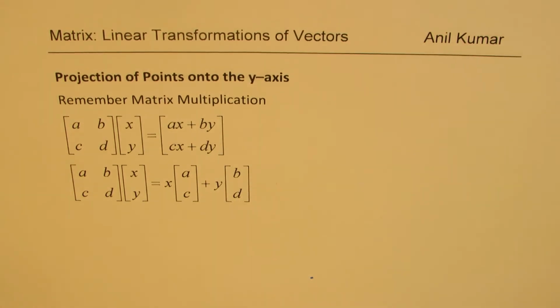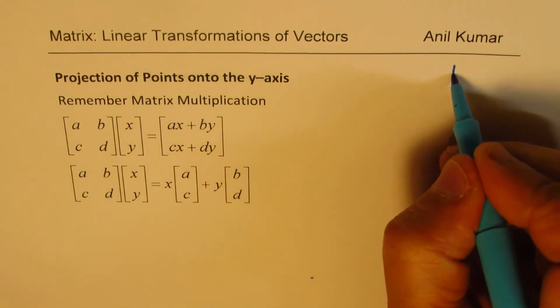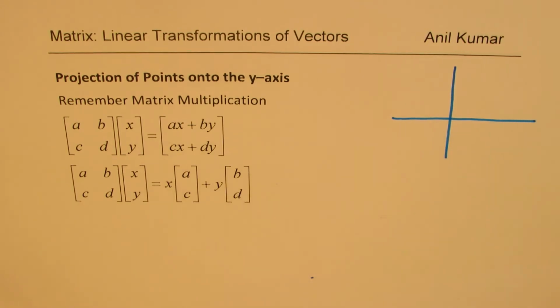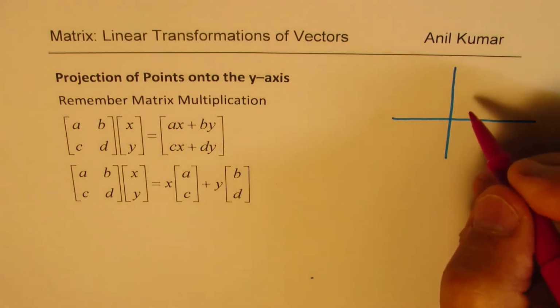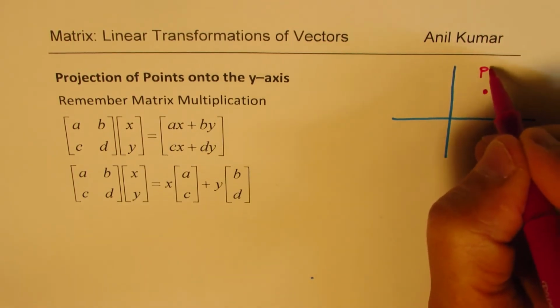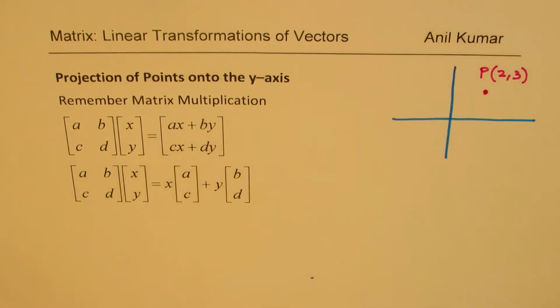So I hope you have understood what is projection on the x-axis. Now let's talk about projection onto the y-axis. So we'll take a similar example here. Let us say we have a point, right? So the coordinates of this point, let's say P, is, let's say 2, 3, right? Okay.